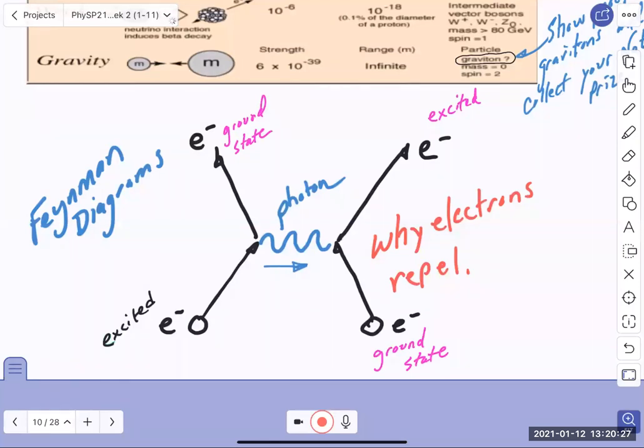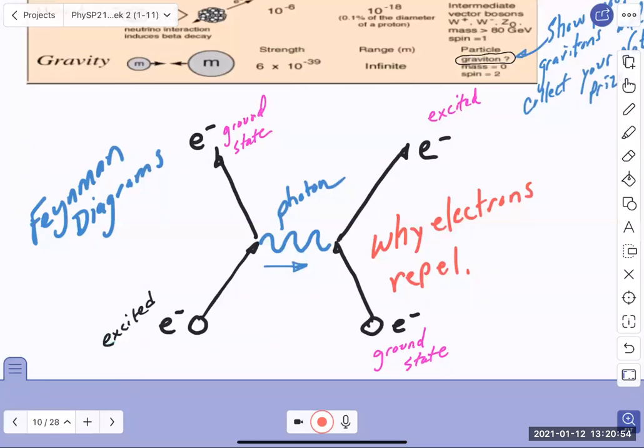That's about the time that Feynman diagrams came out, that Richard Feynman developed this way of visualizing quantum physics. And so you learn in chemistry that like charges repel and opposite charges attract. That's one of those fundamental chemistry rules, but they probably did not explain to you why that is. And the reason is explained through a Feynman diagram.